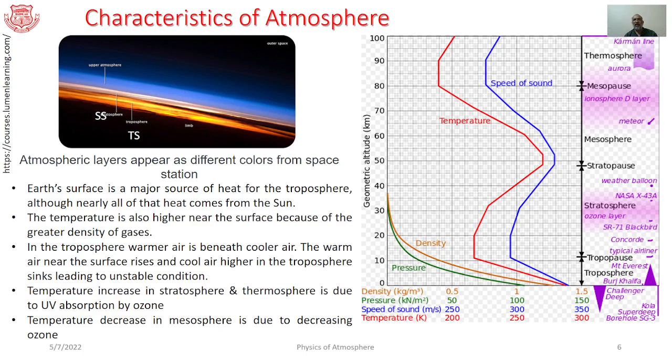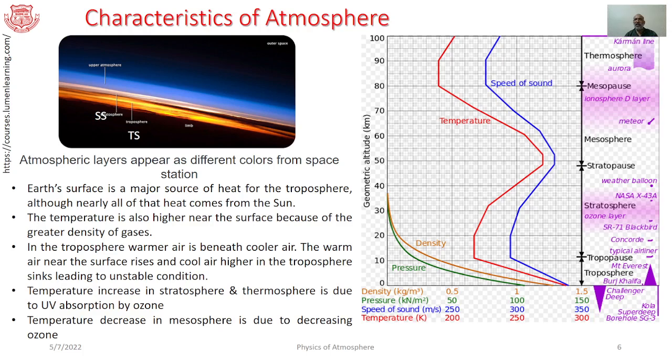As the warm air is beneath the cooler air, it will always try to travel upward, and the cool air, being more dense, will try to travel in the downward direction. Hence, there is a continuous movement of the warm air and the cold air, which is leading to unstable conditions. In view of air pollution, this condition is very favorable because it is not allowing the buildup of pollutants.